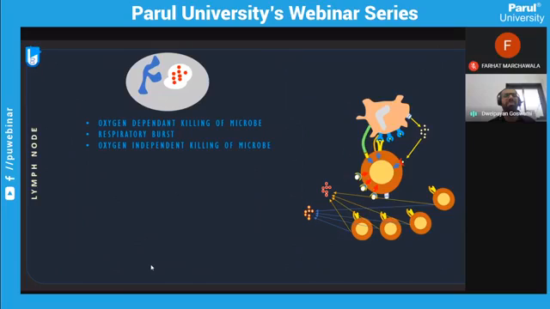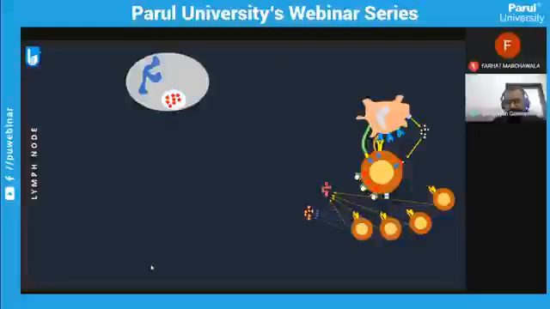So no T helper cell coming into the picture right now. Okay, so this neutrophil is just digesting the bacteria.